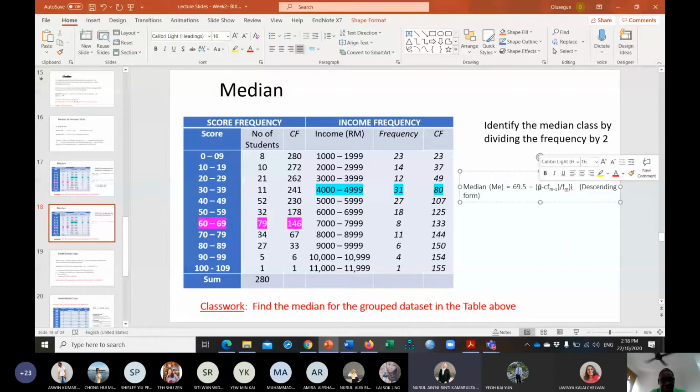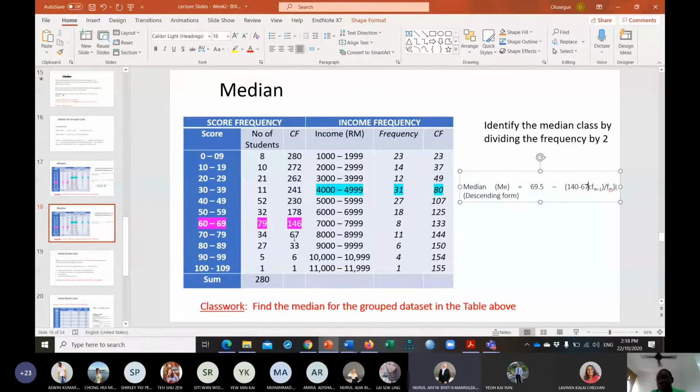Okay, P is still 140, right? Yes. And the cumulative frequency before the median class. So we are descending from here, 1, 2, 3, 4. That is 67, right? Is that clear?